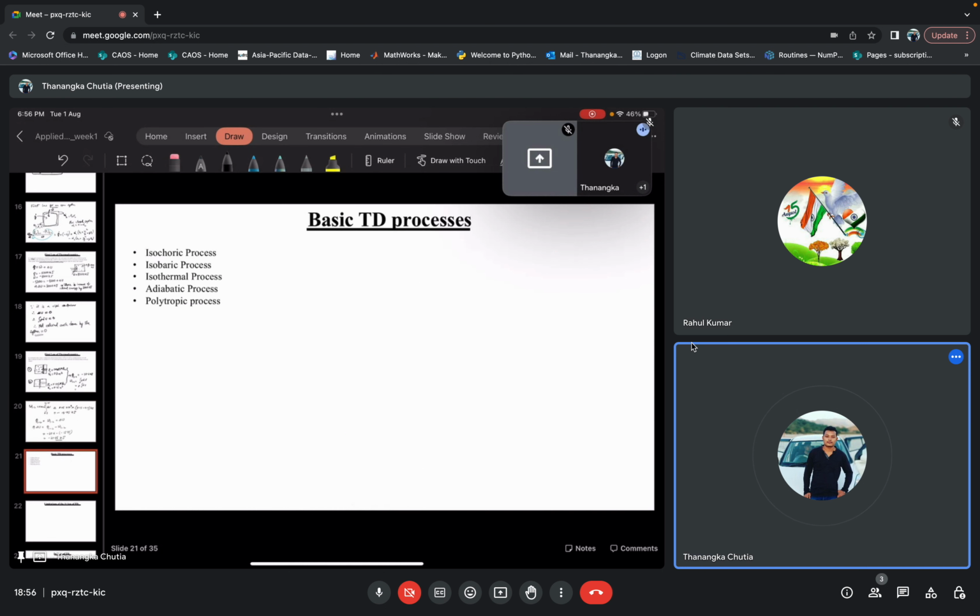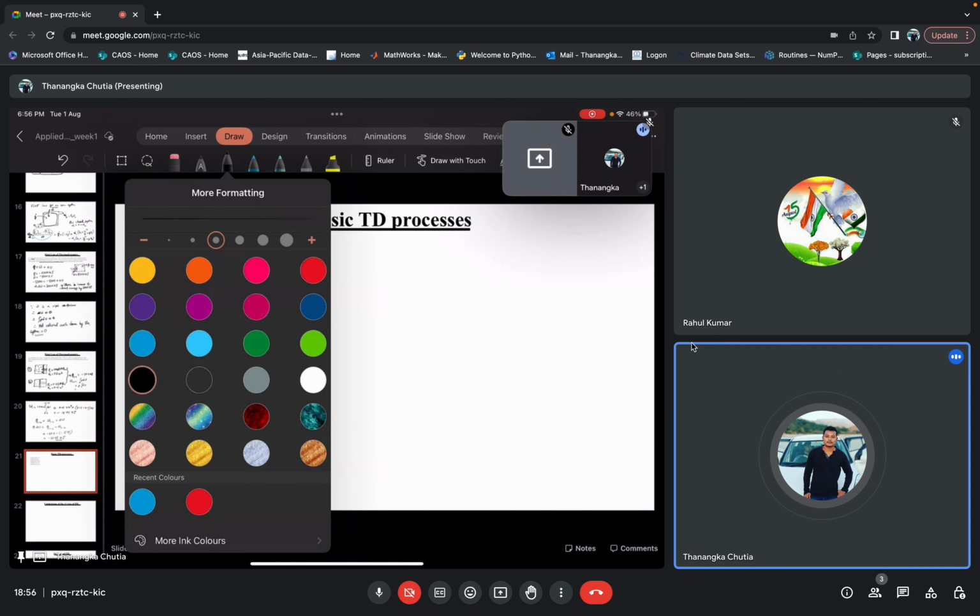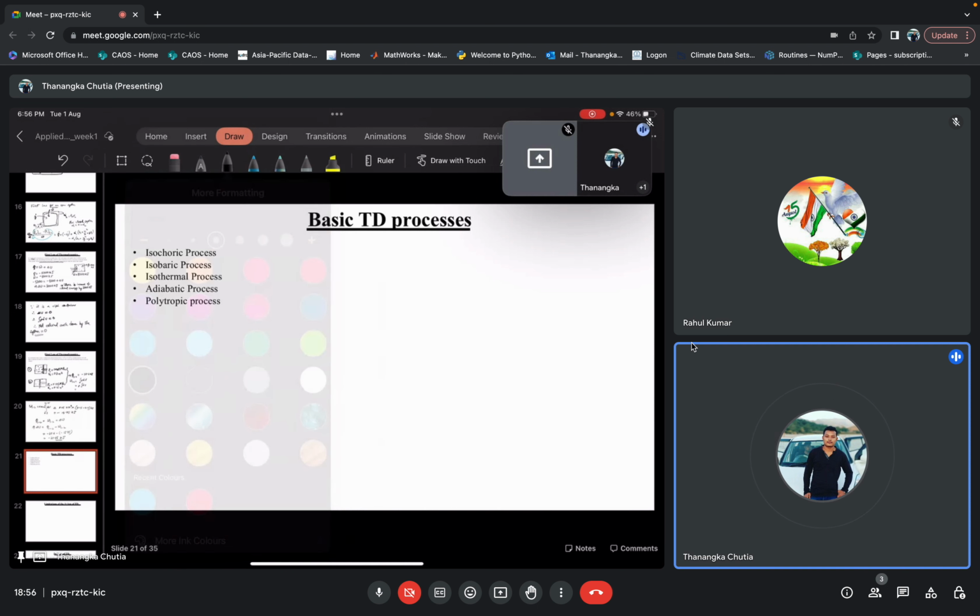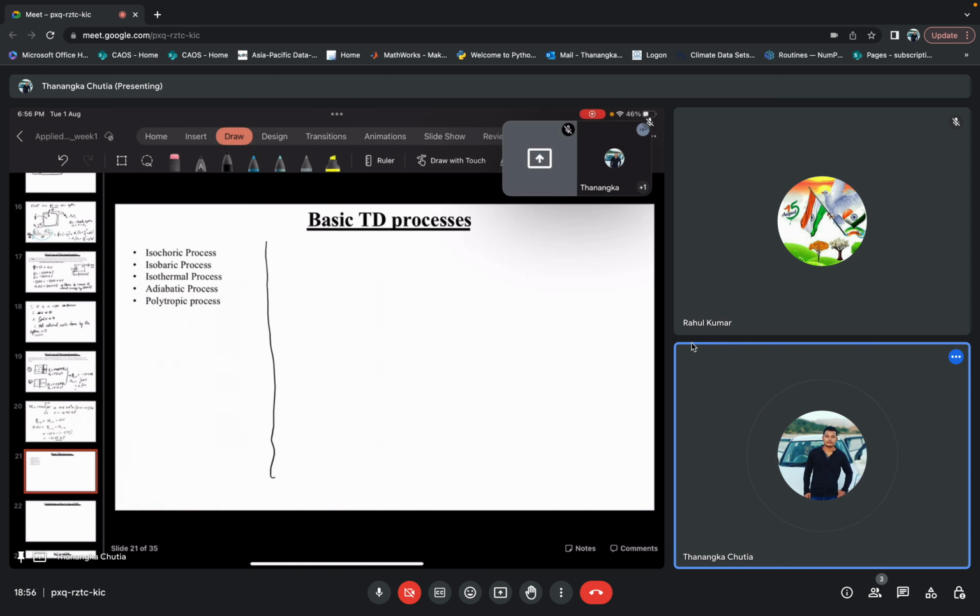Fine. Next, in these numericals we will be dealing with various thermodynamic processes, and to depict all these processes I will first use the PV diagram, and later, when we come to the power plant part, we will use other diagrams like the TS and HS diagrams. So, PV diagram. The first process is the isochoric process.